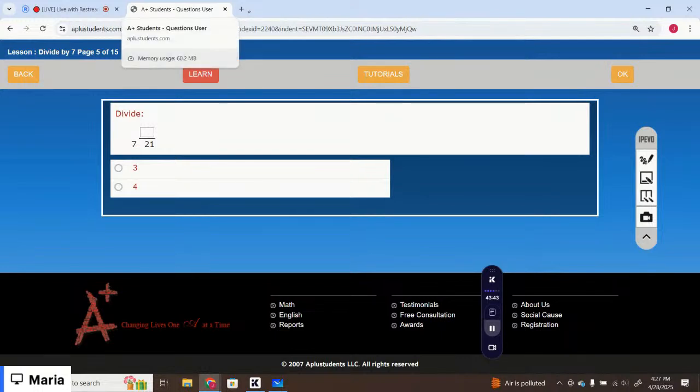21 divided by 7, which is the correct option. That is 7 times 3 is 21.